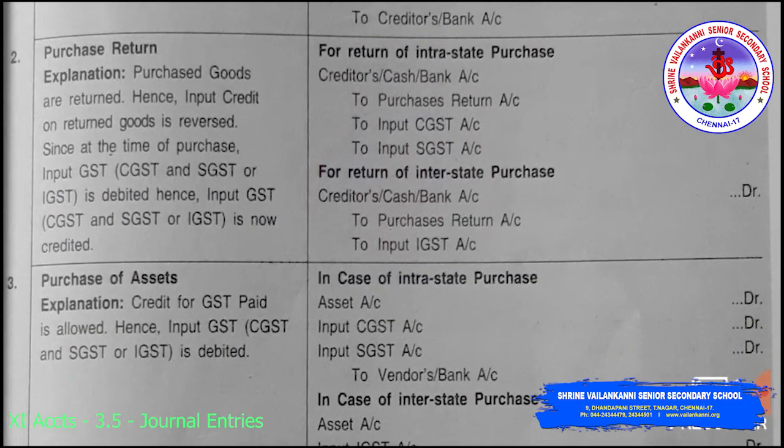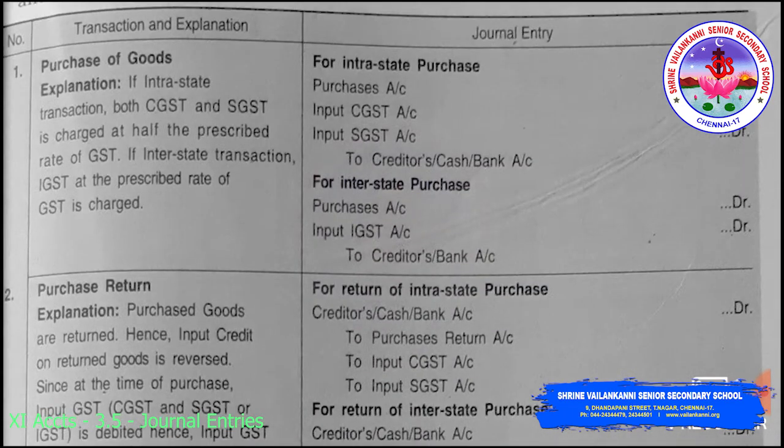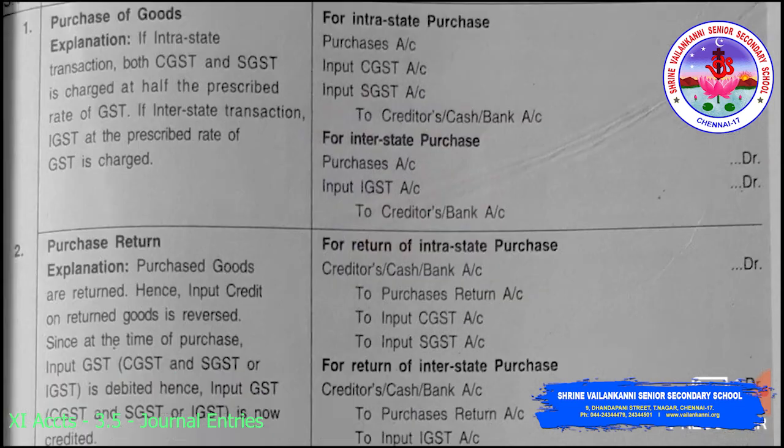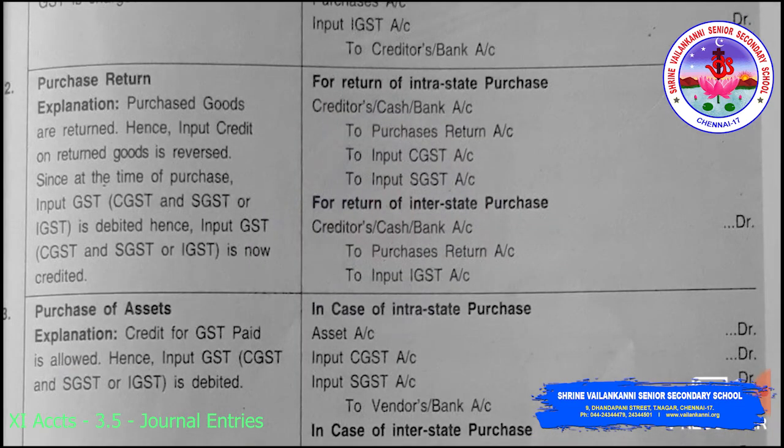Then second transaction, you have purchase return. Whatever entry you have written here for intra-state purchases, that is purchase account, input CGST, input SGST to creditors, the same entry will be reversed for purchase return because you are returning.